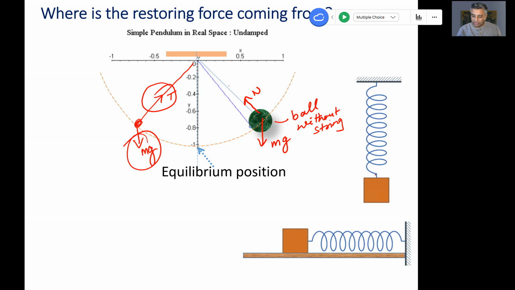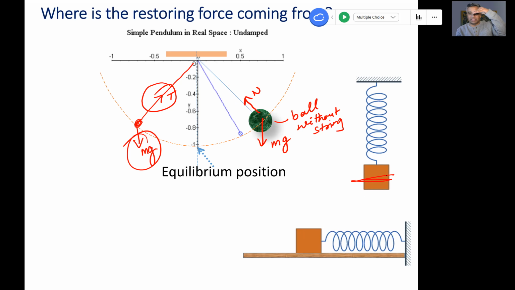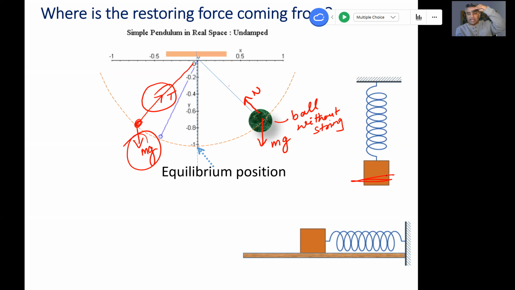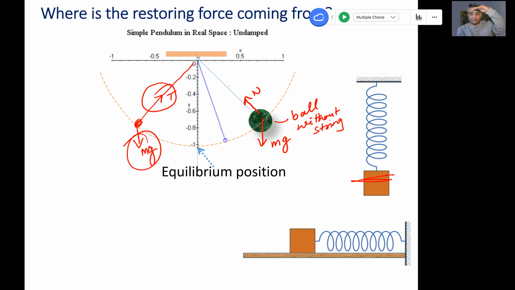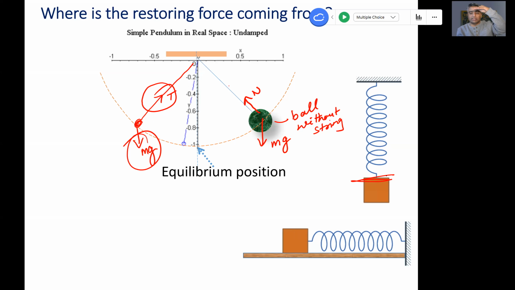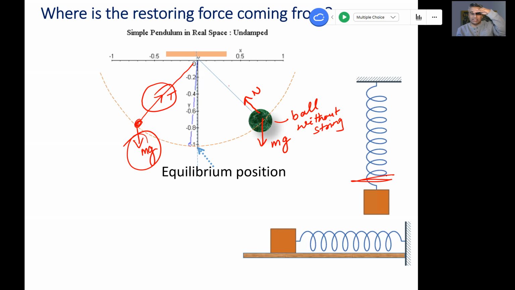Remember, if it is vertical, the equilibrium position is going to be slightly lower than the length of the string because weight pulls it down already. Now you pull further from the equilibrium position and let it go, then it oscillates about that equilibrium position. That's the position when it wasn't oscillating, but the mass was attached and it was sitting at that point.